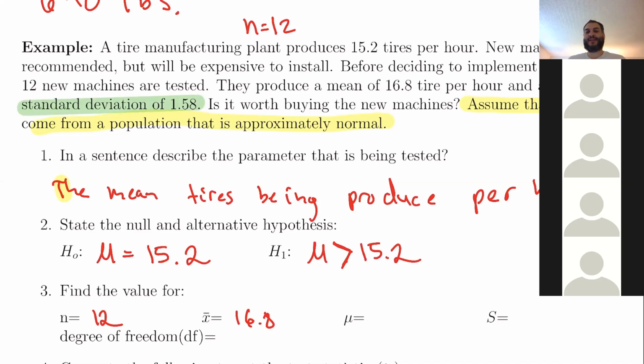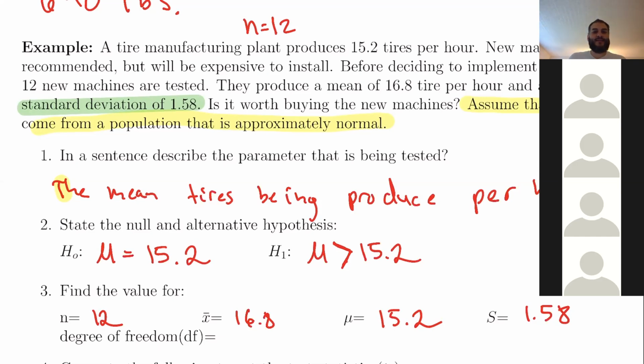So they're not telling me this is the population standard deviation. They're telling me this is the sample standard deviation. So that's why s is 1.58 and mu is 15.2. All right. Everybody good so far on step 3?